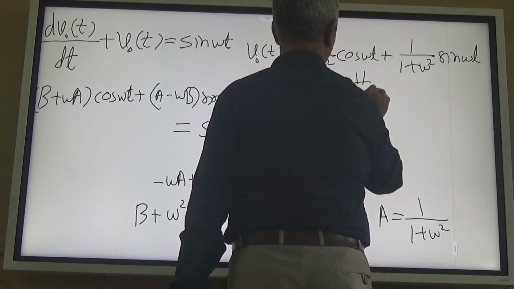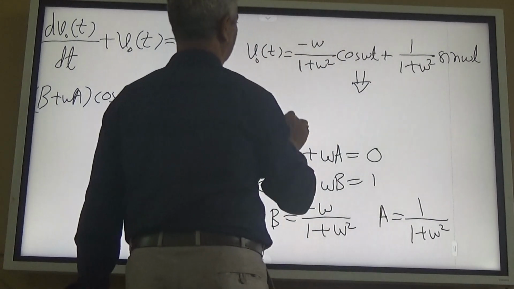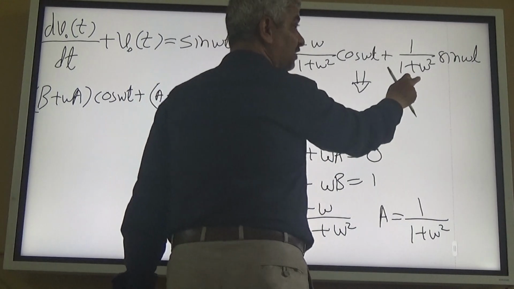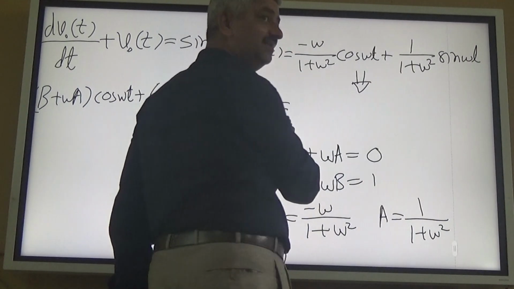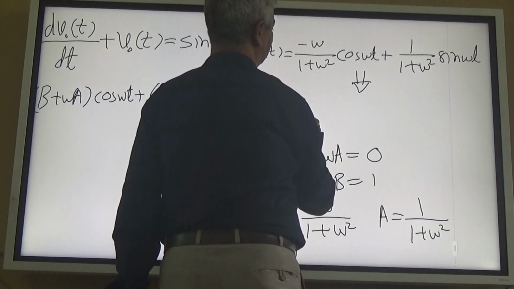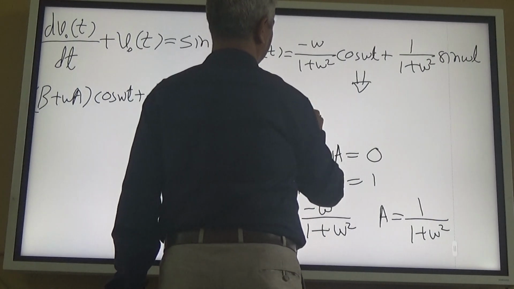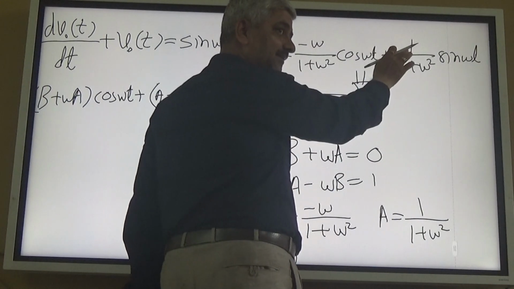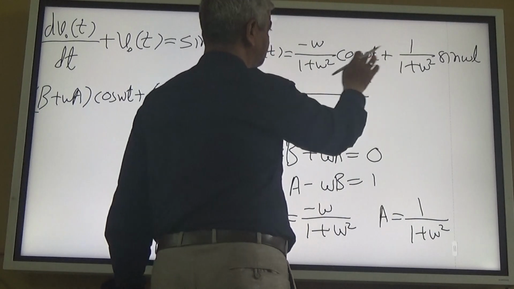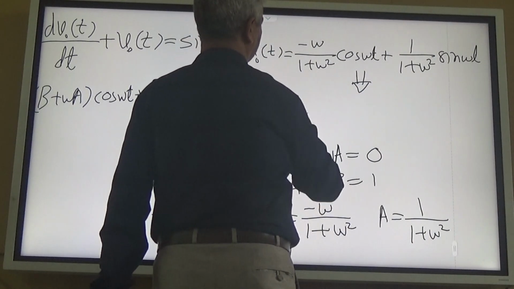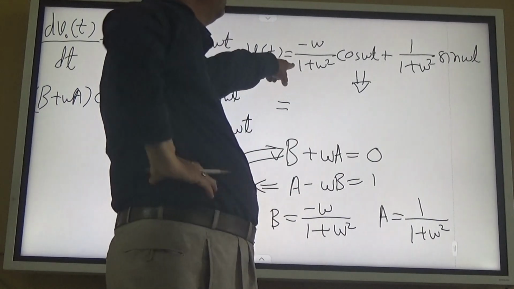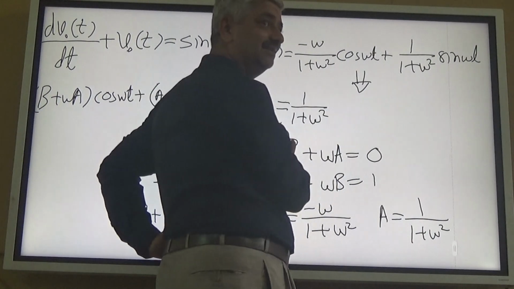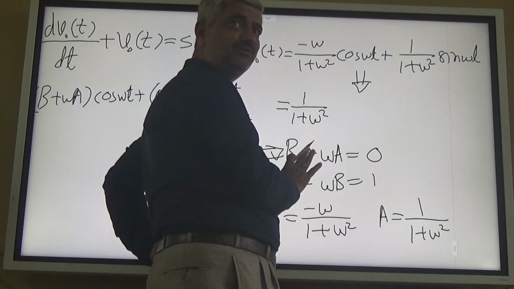This I can write using your 12th standard trigonometric knowledge as square root of a square plus b square. Right? So 1 upon 1 plus omega square comes out basically.